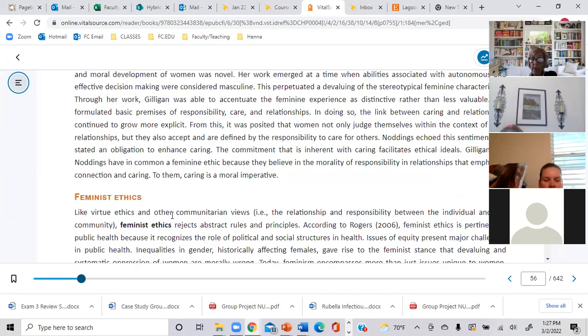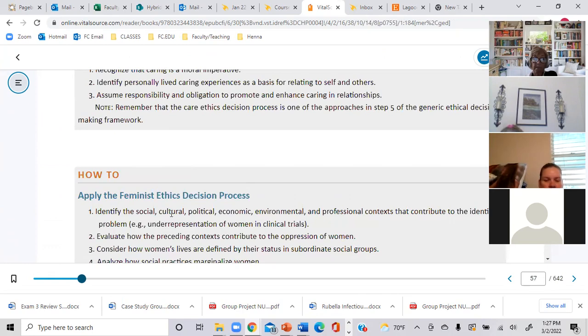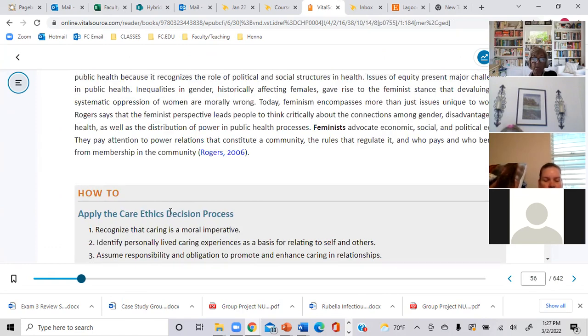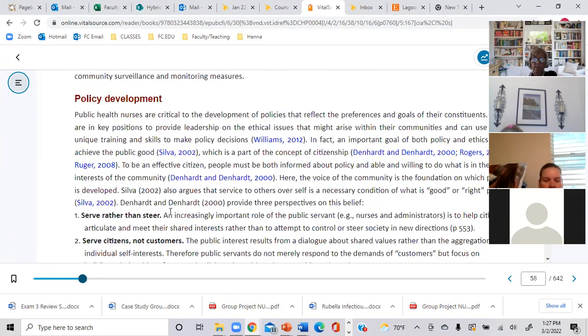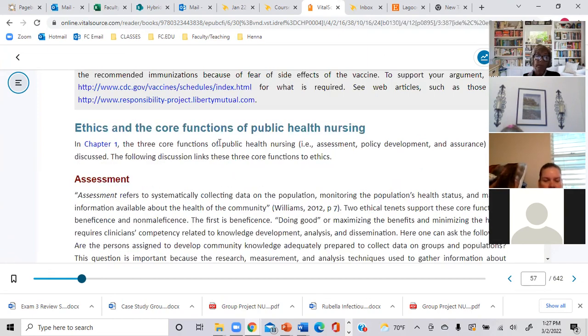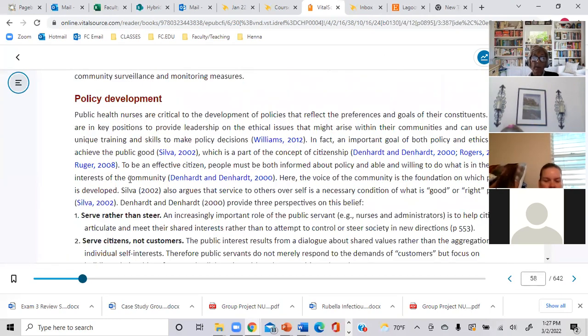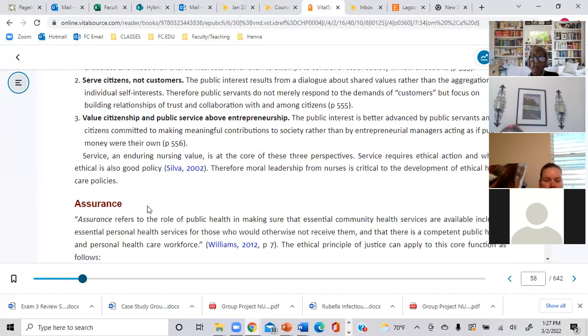And more information here, still on 56. And here's our 3 core functions: ethics and core functions: assessment, policy development, and assurance.